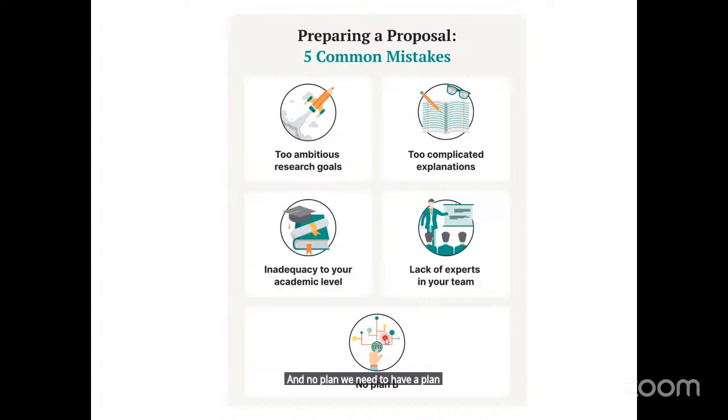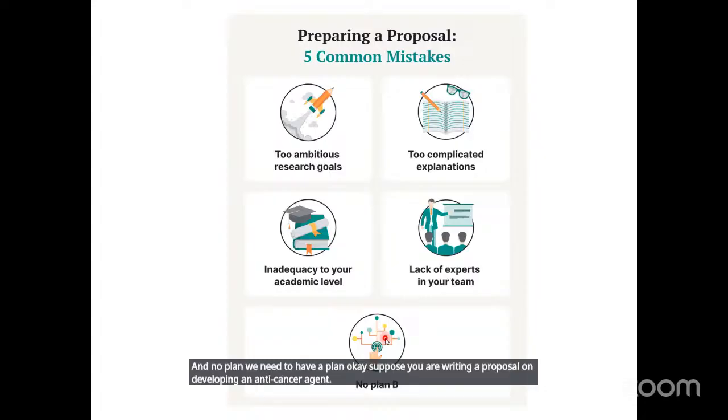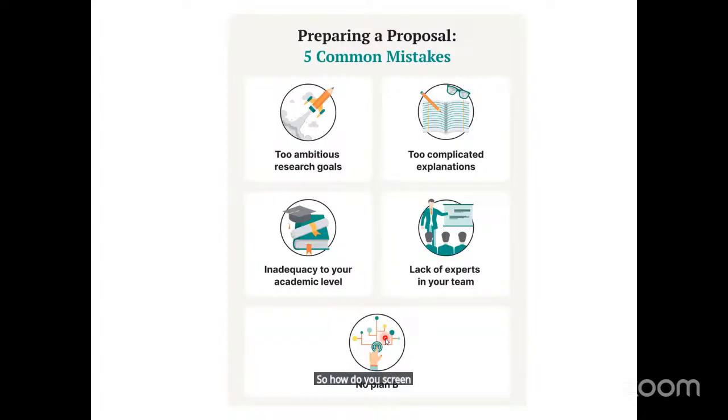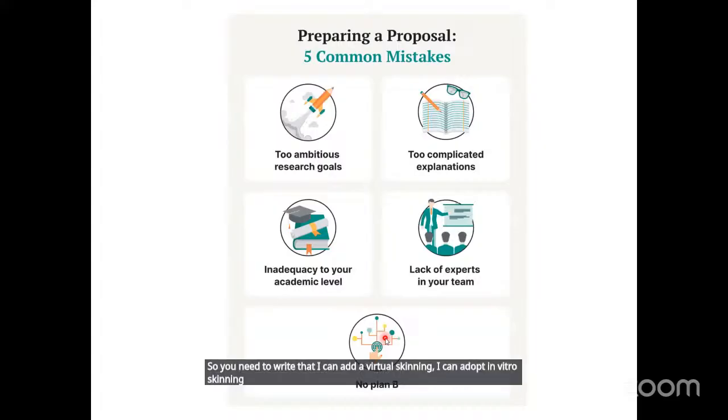Okay, suppose you are writing a proposal on developing an anti-cancer agent. So how do you screen a particular agent? That is very important. So you need to write that I can adopt virtual screening, I can adopt in vitro screening, I can utilize the animal model based experiment.